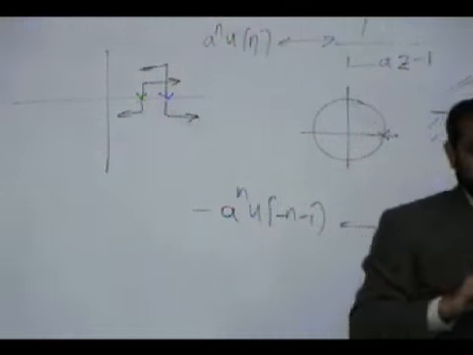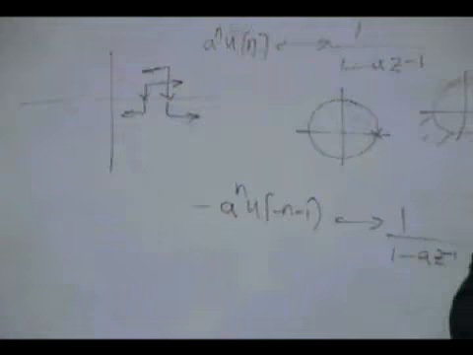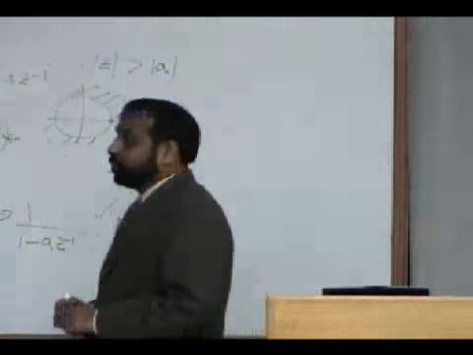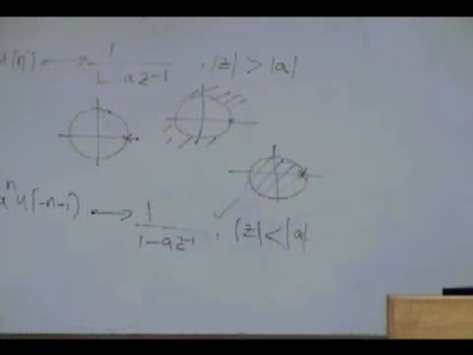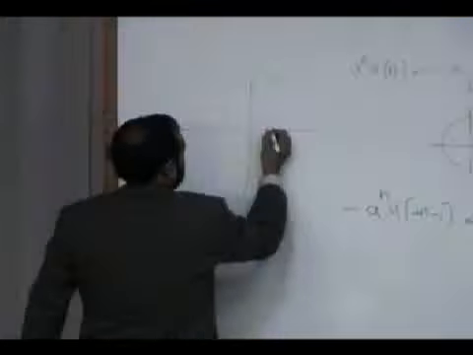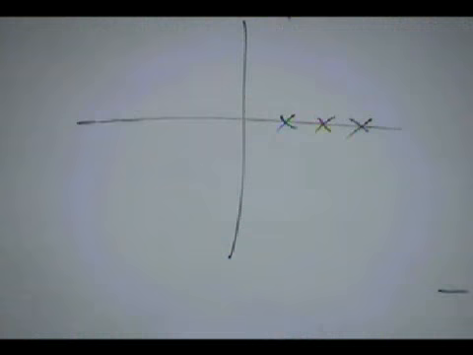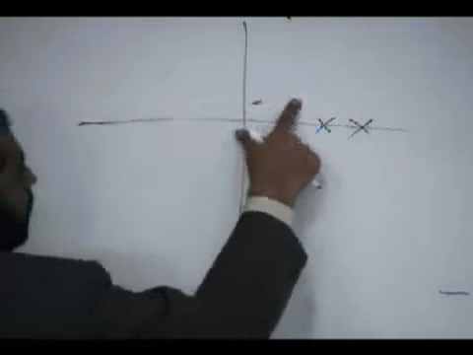So given just poles, if I ask you to write all the possible answers, you should be able to do that. You say answer 1, assuming this, answer 2, answer 3. If there are three poles, how many possible answers do you have? Inside the innermost, all left-hand side, one answer. All right-hand side, outside the outermost pole, second answer.